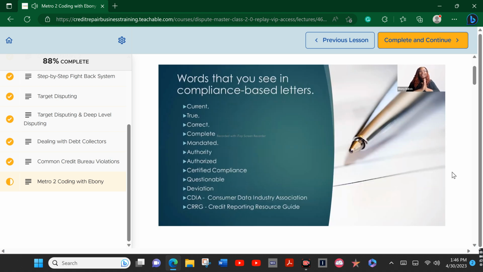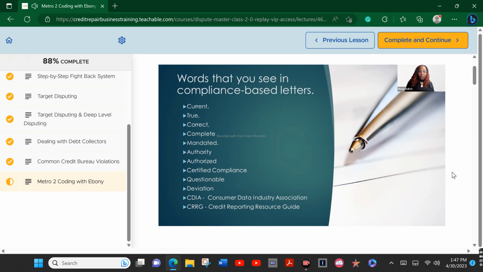Words that you will see in the compliance-based letter: current, true, correct, complete, mandated, authority, authorized, certified compliance, questionable, deviation, CDIA, which stands for Consumer Data Industry Association, and CRRG, which stands for Credit Reporting Resource Guide. These are very popular terms that you will see inside of a compliance-based letter.